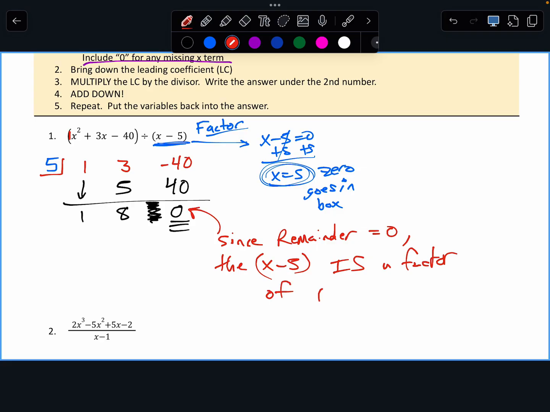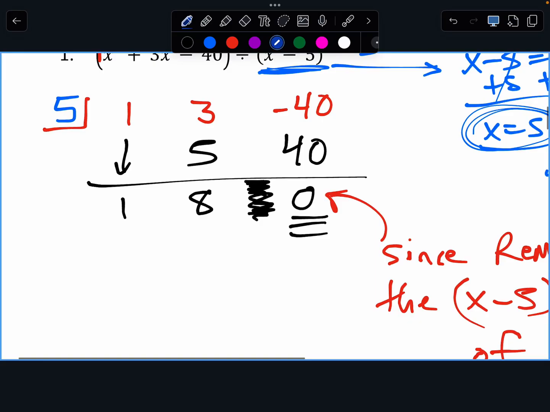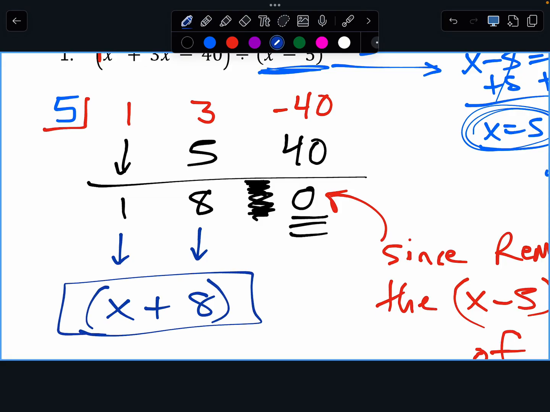When you go back and look at your answer, this is the remainder, but these are your terms. If this is the constant, then it goes up from there. So this is really 1x, and this is also a factor.